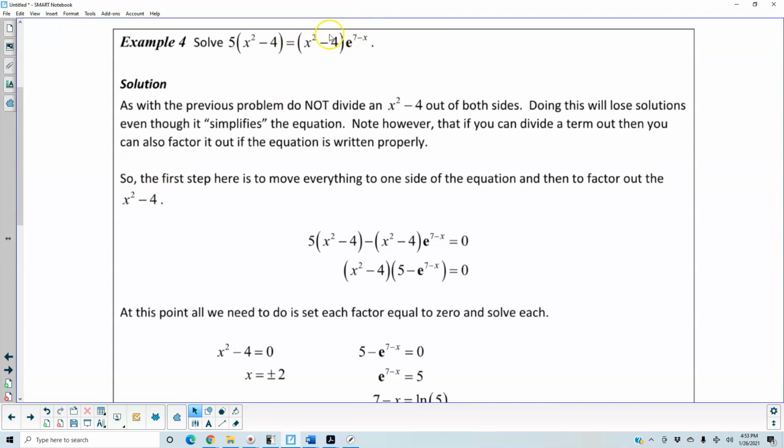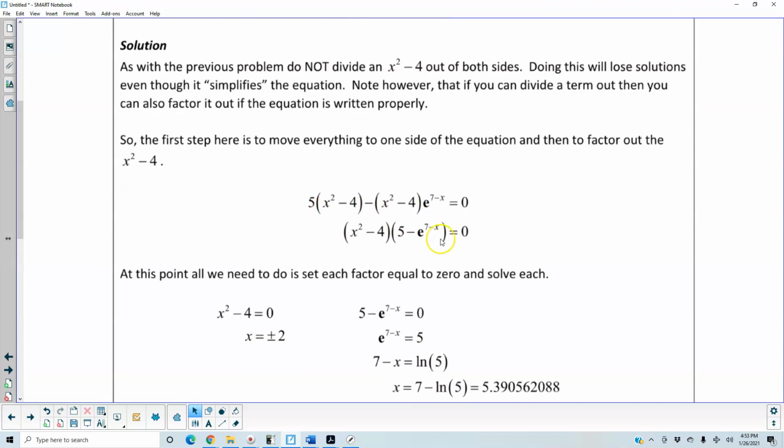So we're going to subtract the term on the right side of the equation and bring it to the left side. So we have 5 times (x squared minus 4) minus (x squared minus 4) times e to the 7 minus x. And now we can factor out the x squared minus 4.